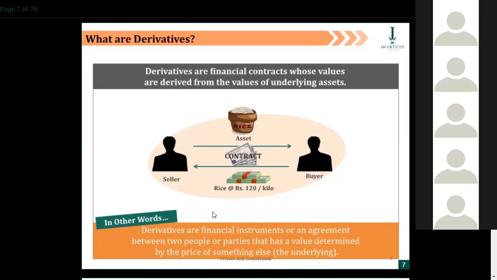So what is happening here? You are agreeing to the quantity of the asset that you are going to receive or deliver. That's one. You are agreeing the price at which you are going to settle. Then you also have the time when it is going to settle.